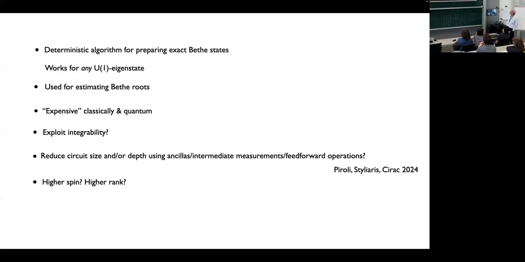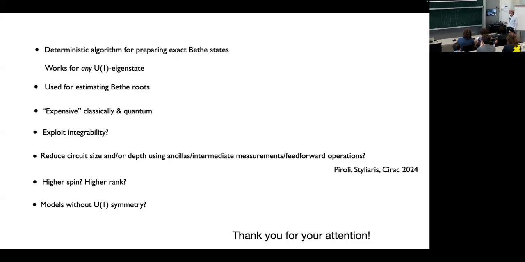Also, here we limit ourselves to spin 1/2, but there are also integrable models for higher spin magnets and also for higher rank magnets. So one could try to do that. And here our models had U(1) symmetry. You could even try to be bold and go beyond models without U(1) symmetry. There are many other questions, but I'll stop here.